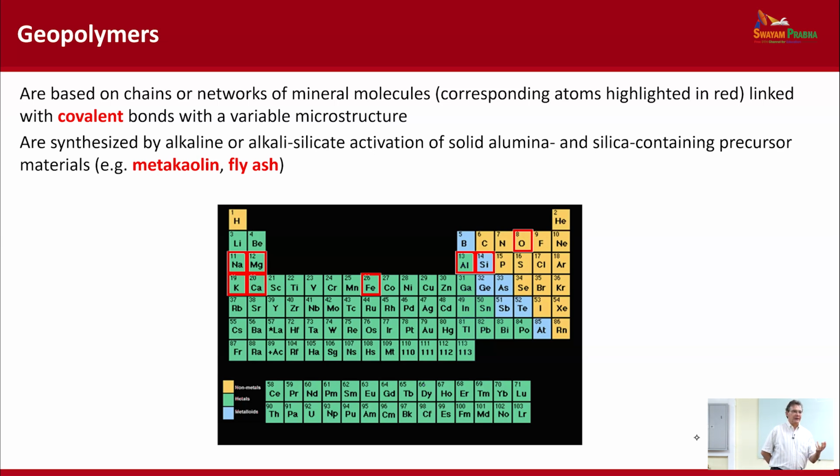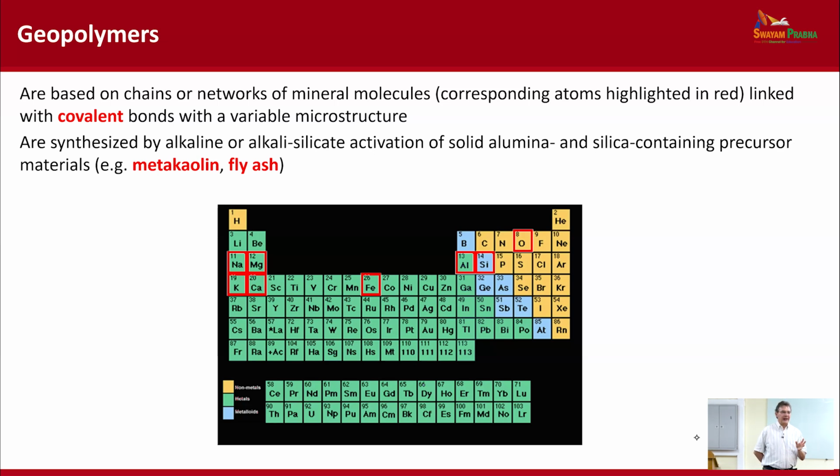And if you put this aluminosilicate source into contact with a highly alkaline solution, by highly alkaline I mean pH 13, 14, then you have a very ready, quick, and complete dissolution of the solid metakaolin particles.